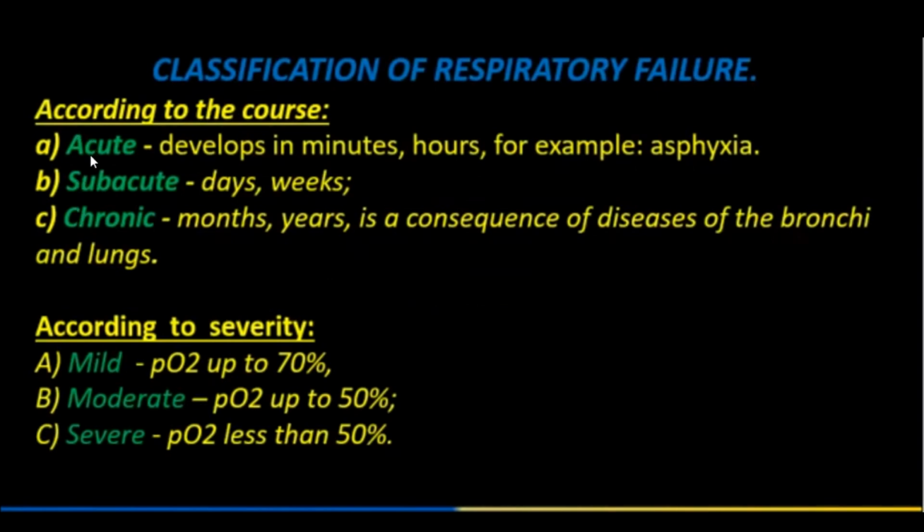Acute develops in minutes or hours, for example, asphyxia. Subacute develops during days and weeks, and chronic, months and years, is a consequence of diseases of the bronchi and lungs.